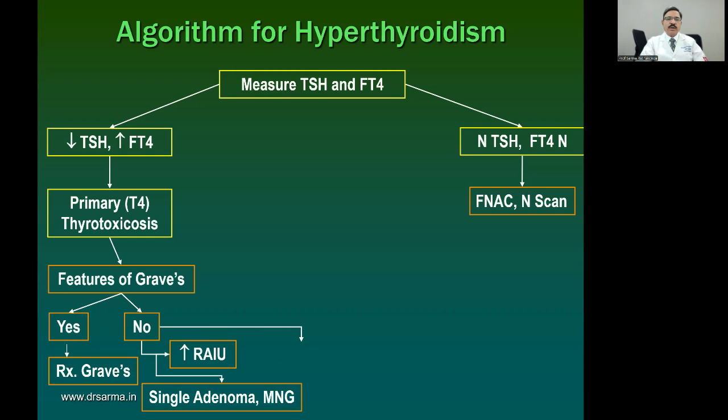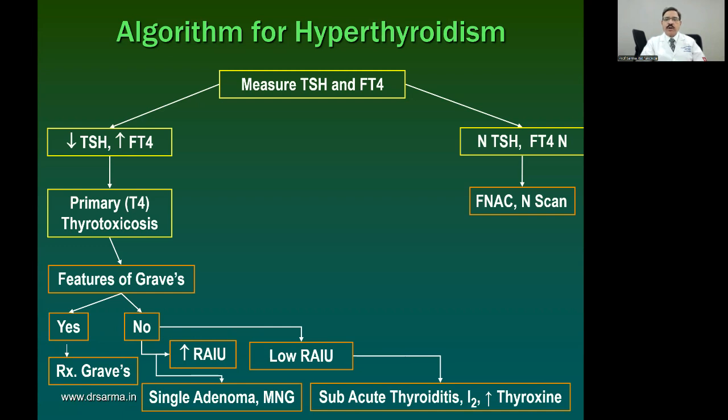If there is no increase in the radioiodine uptake, low or normal radioiodine uptake, think of subacute thyroiditis, iodine deficiency, iodine related goiter, or excessive thyroxine administration by the doctor. Suppose you go on giving the thyroxine for 6 months, there will be features of hyperthyroidism, not Graves. Radioiodine uptake will be low because of secondary suppression.